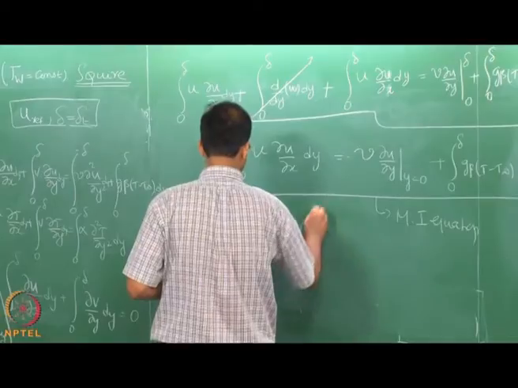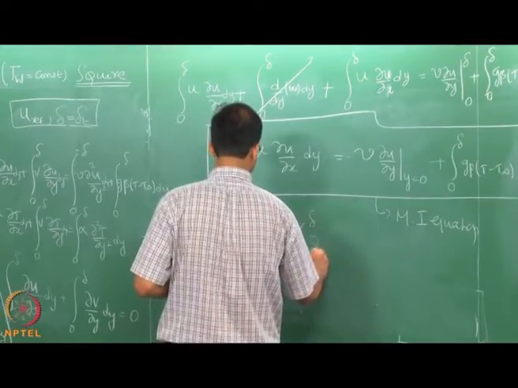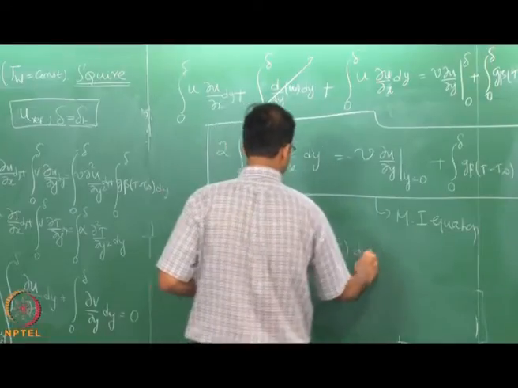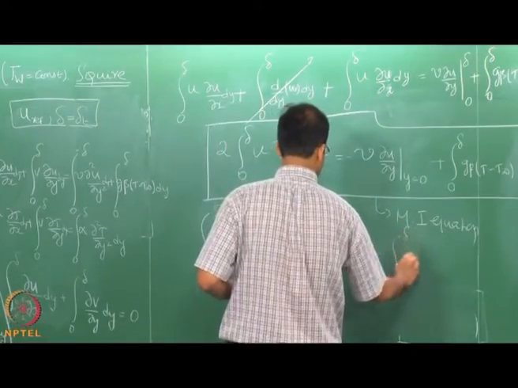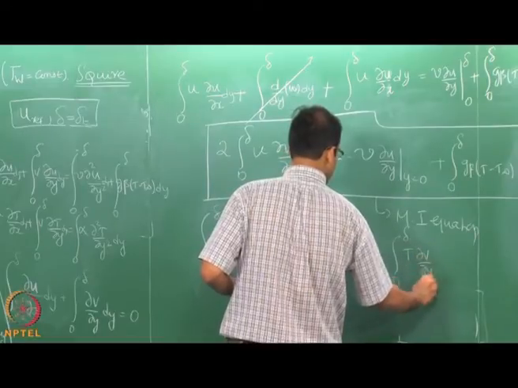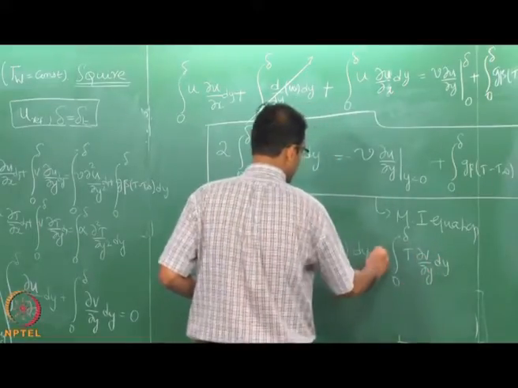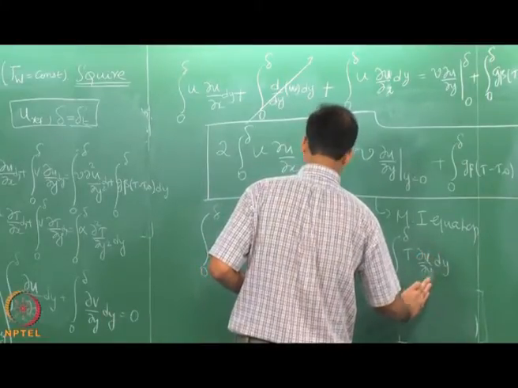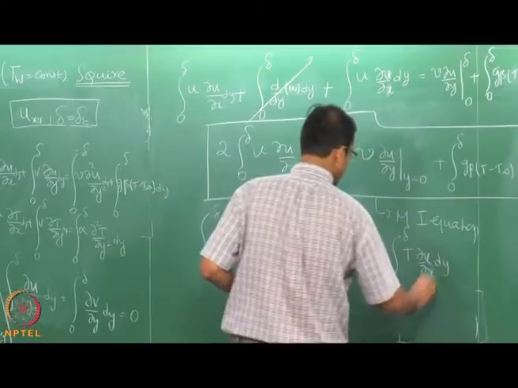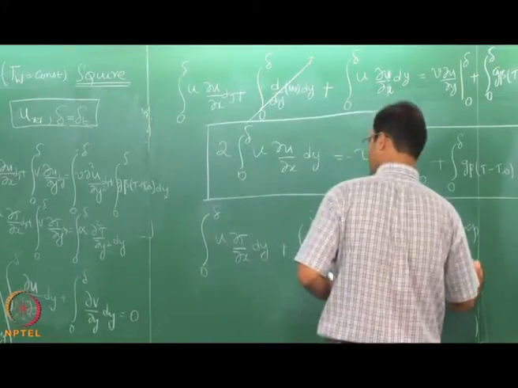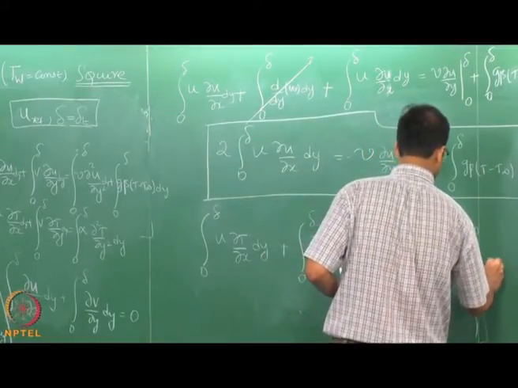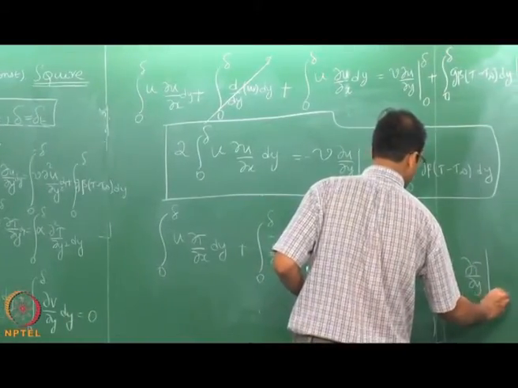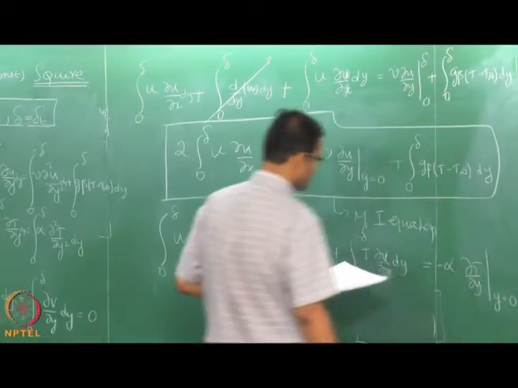You can write this as integral 0 to delta d by dy of Vt dy minus integral 0 to delta t into dV by dy into dy, which we can use the continuity equation and write it like this. This is equal to alpha times once again dt by dy minus alpha dt by dy at y equal to 0.